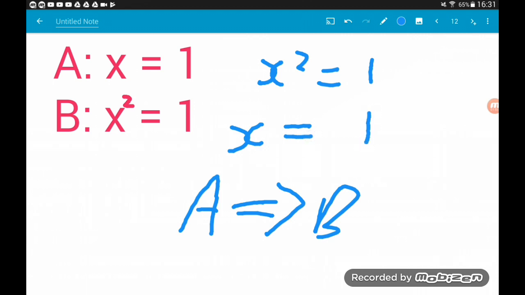Remember, when we square root, we get positive or negative. So, statement B does not imply statement A. So, B does not imply A, but A here does imply B. If A is true, then B is definitely true.